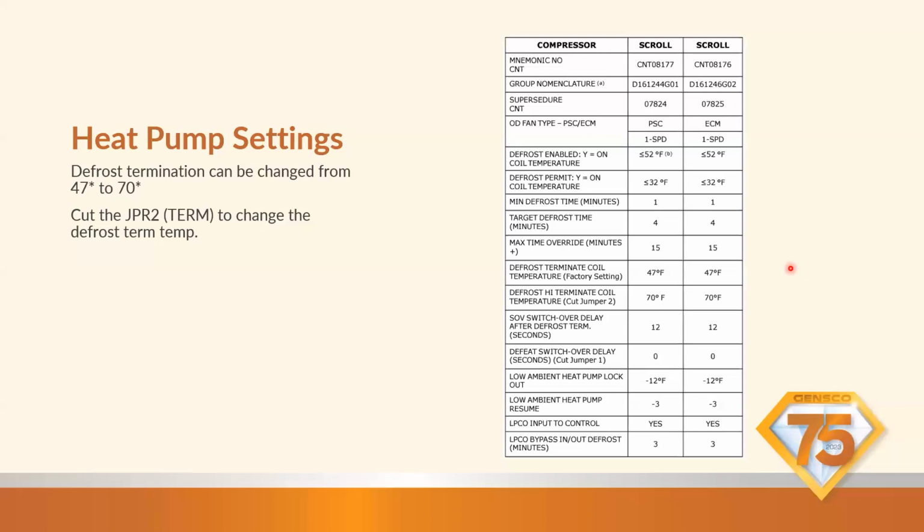The first big deal here is the defrost enable temperature. What this means is, unless it's below 52 degrees outside, it will never try to defrost. So if we're at 55 degrees out and that coil's frozen, it doesn't care. It will not even look, try, or think about defrosting unless it's below 52 degrees. That's measured by the ambient temperature sensor.